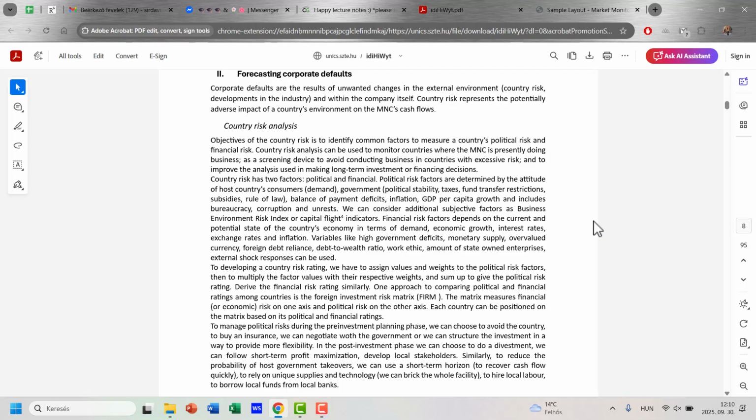Okay, in the country risk analysis, the book still thinks about many different approaches. Again, the book says that if we can identify higher risk in case of operations or future operations, we have to think about whether we want to continue our operations in this economy. Still, there are multiple ways we can step into a foreign market.